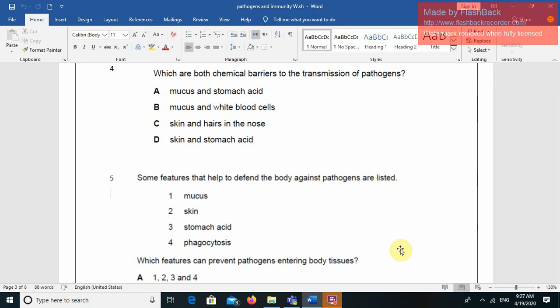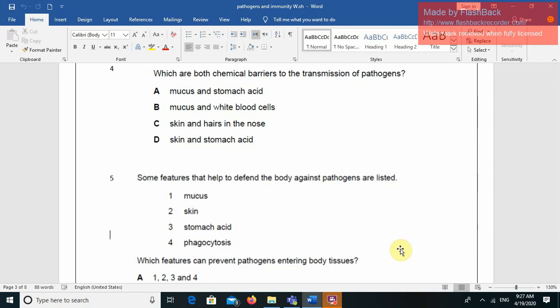So for the main chemical barriers, I always look for the first defenses, which are mucus and stomach acid, and they are chemical because they contain digestive enzymes, or they may kill the pathogen by digesting it.